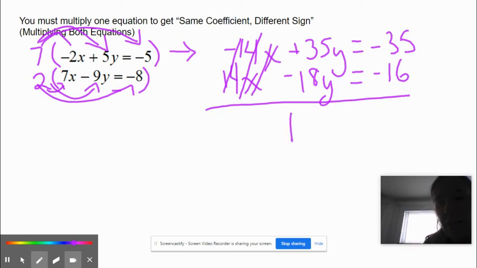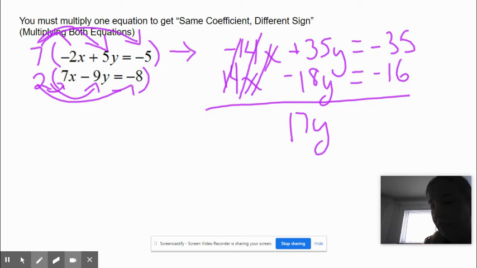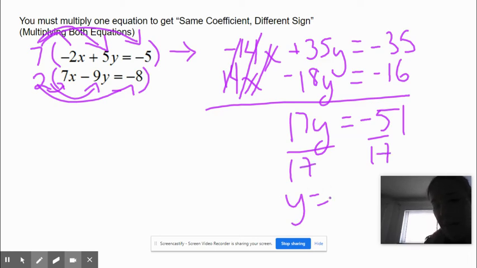So you got 17y here. And then negative 35 minus 16 is negative 51. Divide both sides by 17. And y equals negative 3.